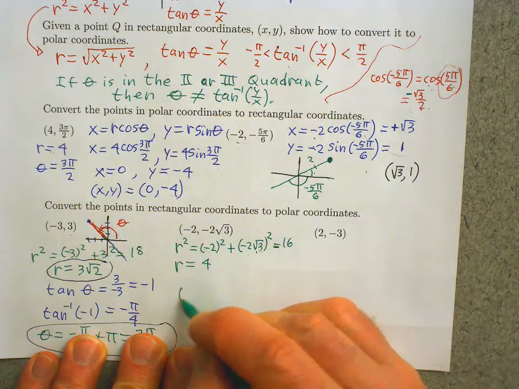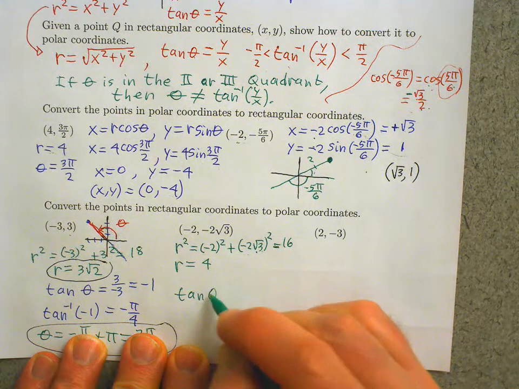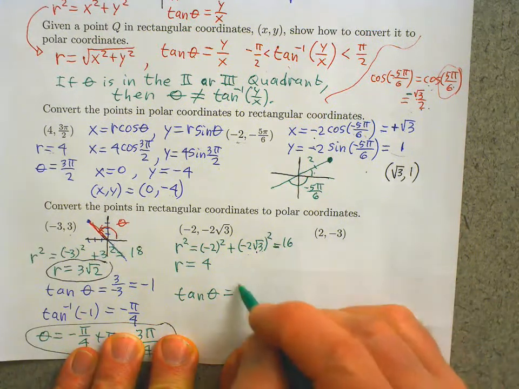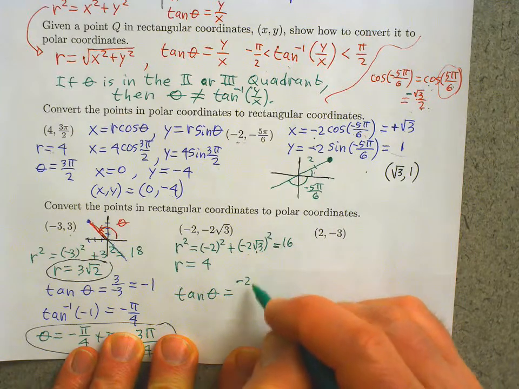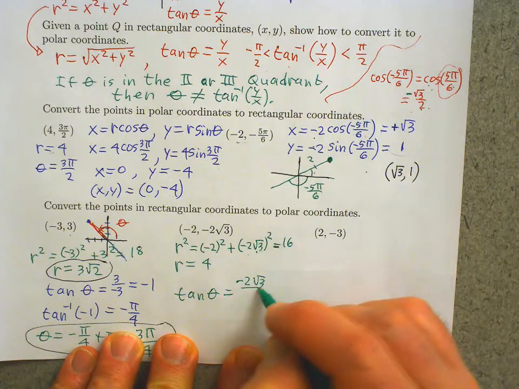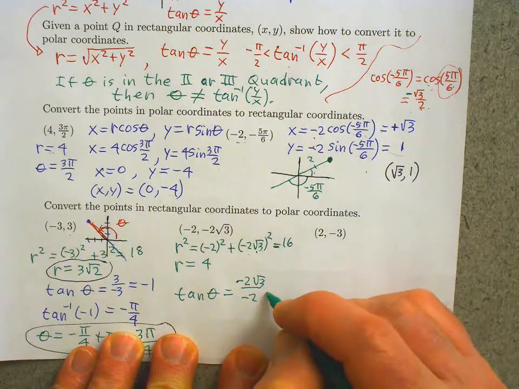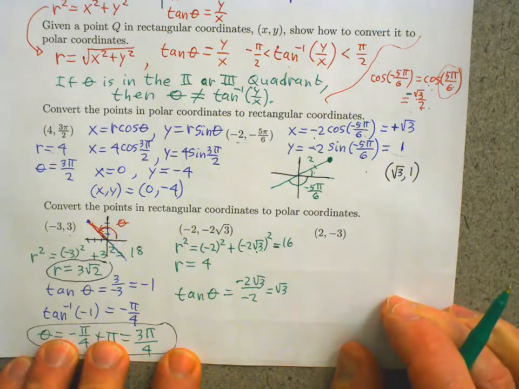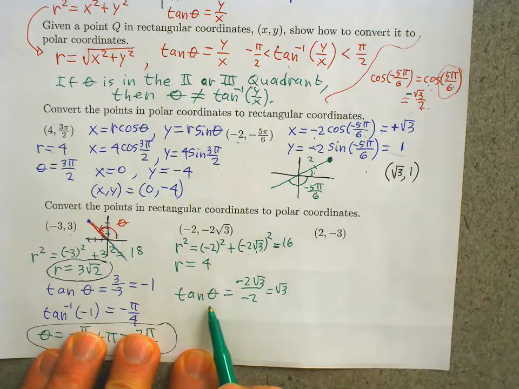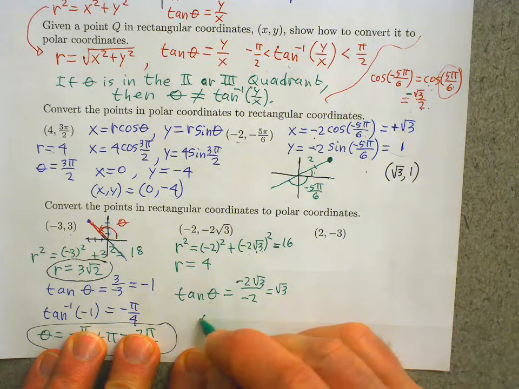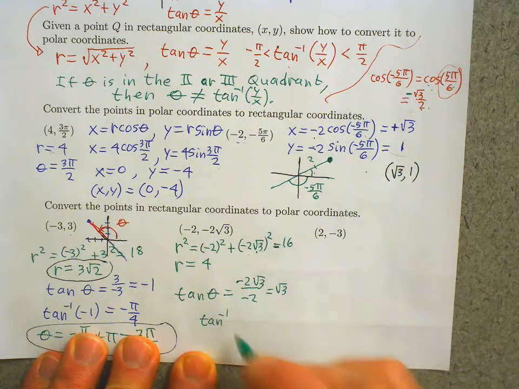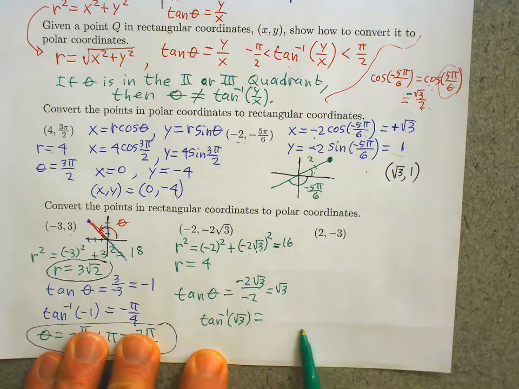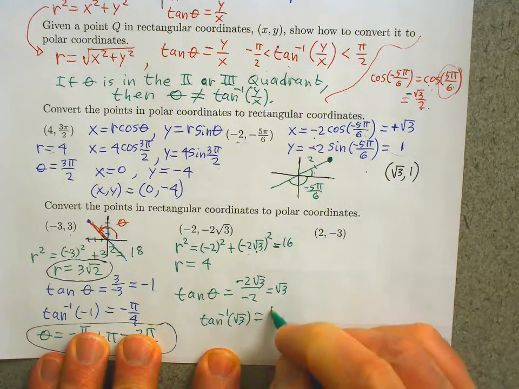Okay, the tangent of theta is the y-coordinate, negative 2 times the square root of 3, over negative 2, which is the square root of 3. Okay, but the inverse tangent of the square root of 3 is in the first quadrant, and we know that that's pi over 6.